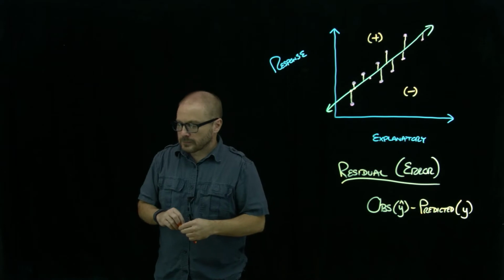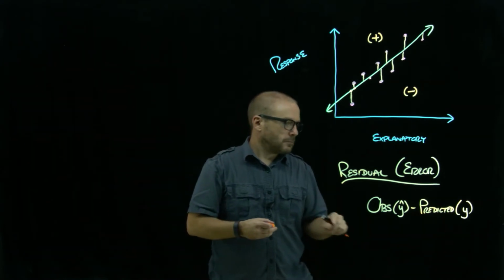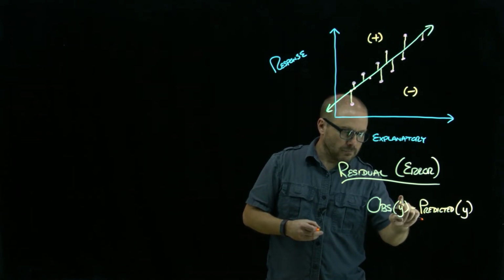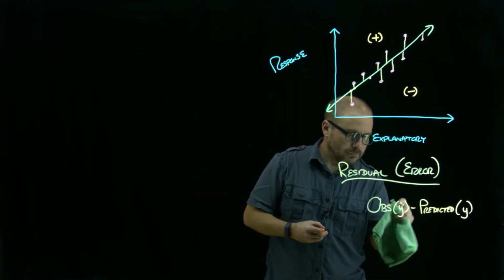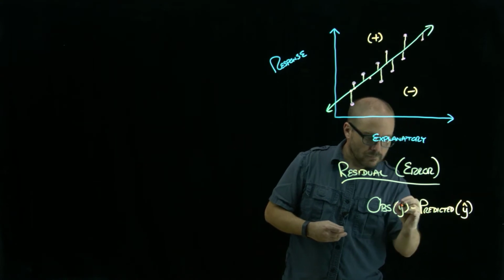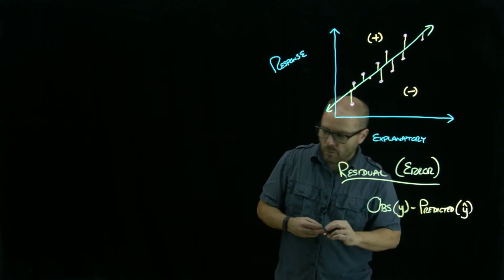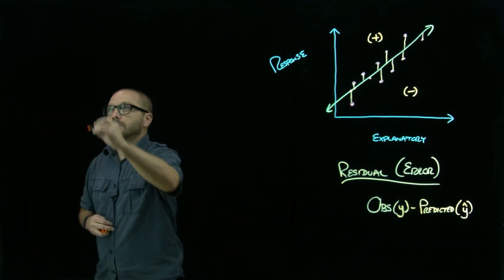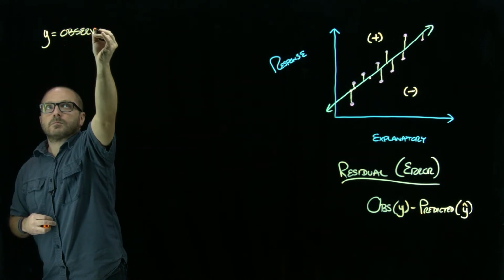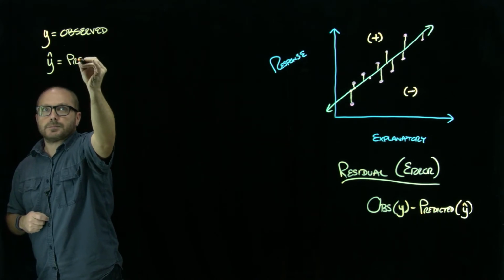Let me fix that. I wrote that backwards. Y will be our observed. Y hat is our predicted.